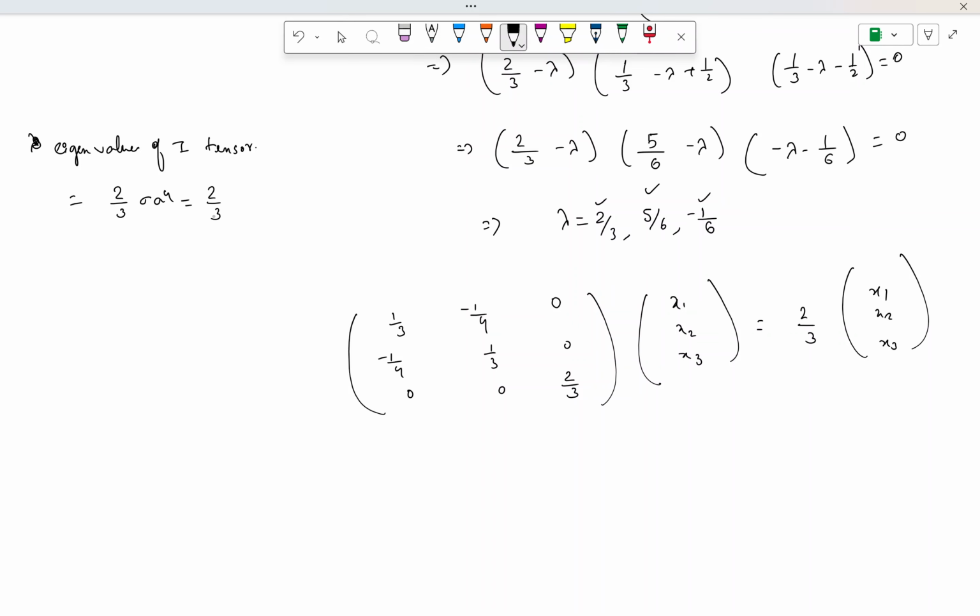Sigma you can now express as m by a square, so e to the power 4 gives simply 2/3 m a square. Similarly, the second eigenvalue is 5 by 6 sigma e to the power 4, which is the same as 5 by 6 m a squared. By the same formulation, you just have to put the value of sigma. And the third eigenvalue will be minus 1/6 sigma e to the power 4, equal to minus 1/6 m a square. So you get 3 eigenvalues, and you see that all 3 are different from each other.